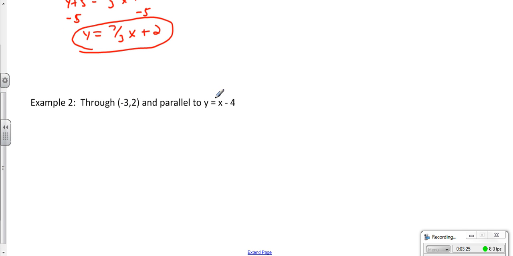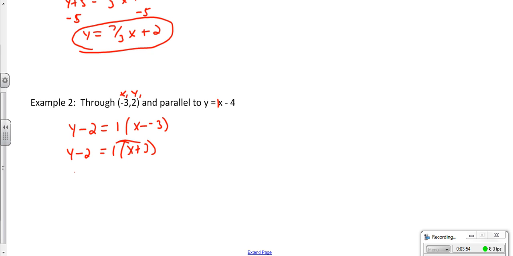Next one, parallel again. So I'm going to go y minus y1, here's x1, y1. y minus 2 equals my slope. Well, this has a slope of 1. If it's not written in there, we assume it's 1 in front of the x. So I want to keep the same slope here. And then x minus x1. So x minus negative 3. So if I clean it up, it looks like x plus 3.